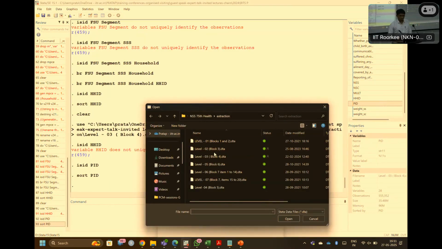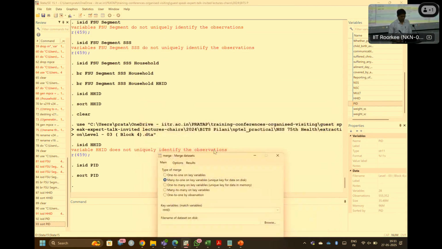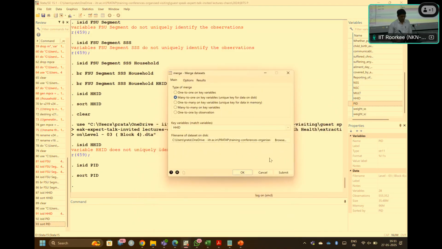So block number, this is block number 3 I have opened. You can just check. So level 2 I will add. Right? So I'll just submit.